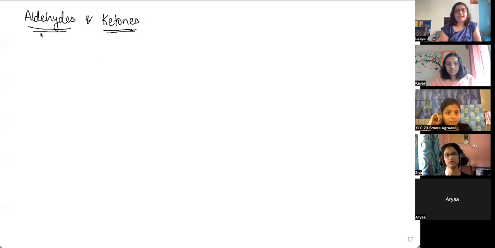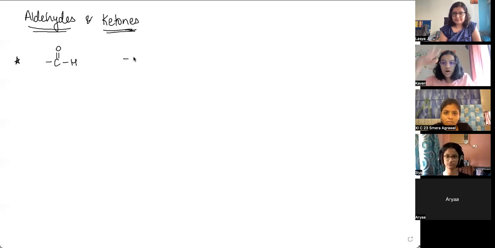Okay, so aldehydes, ketones, what functional groups are these? How are they defined? What do you find in them? Aldehydes are CHO groups and ketones are COR.